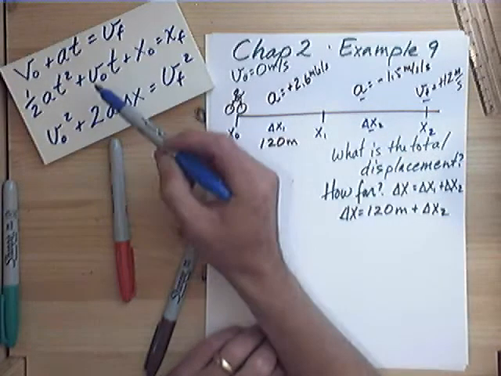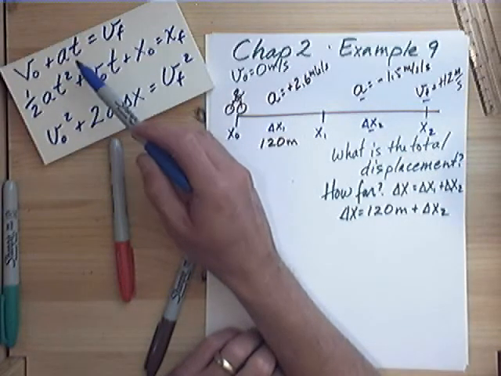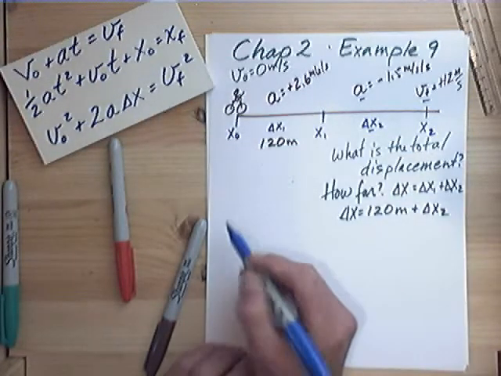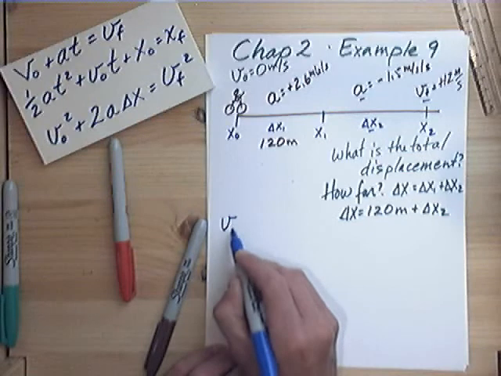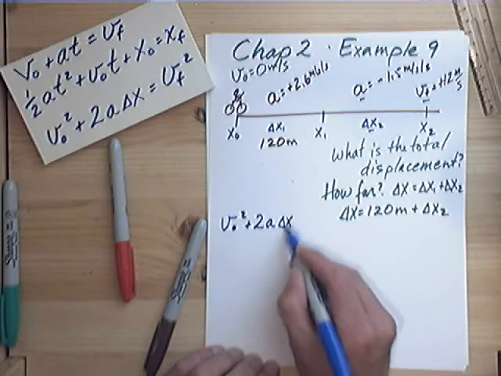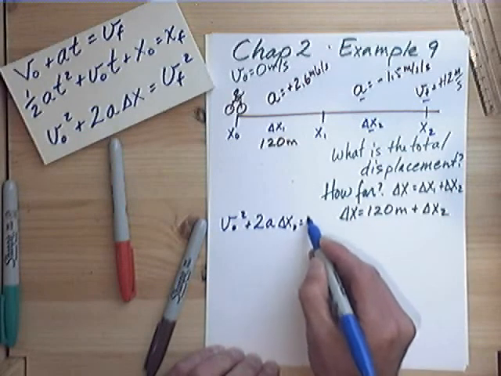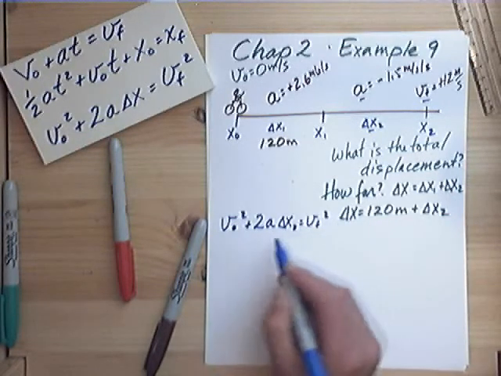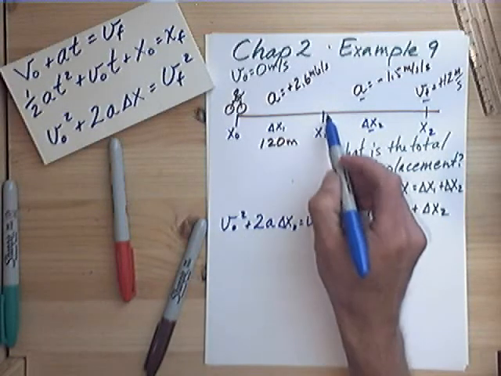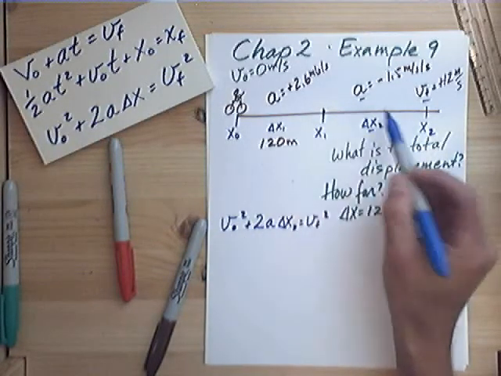So let's go over here to my kinematic equations. I like this one. v initial squared plus 2a delta x, because delta x2 is going to equal v final squared. I don't have a v initial. I don't know what it is because this is from this acceleration period.